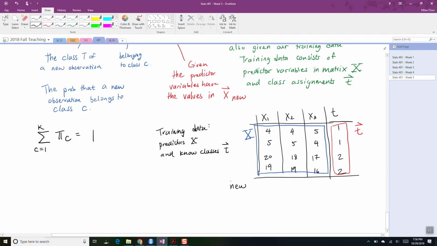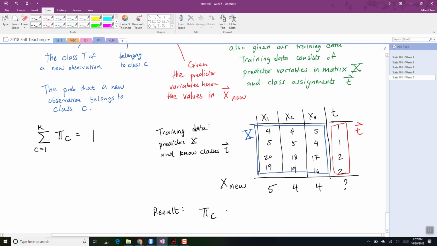Then you have X new, and maybe it has the values 5, 4, and 4, and the question is which class does it belong to? We would guess class 1, right? And so our result would probably be something like this.